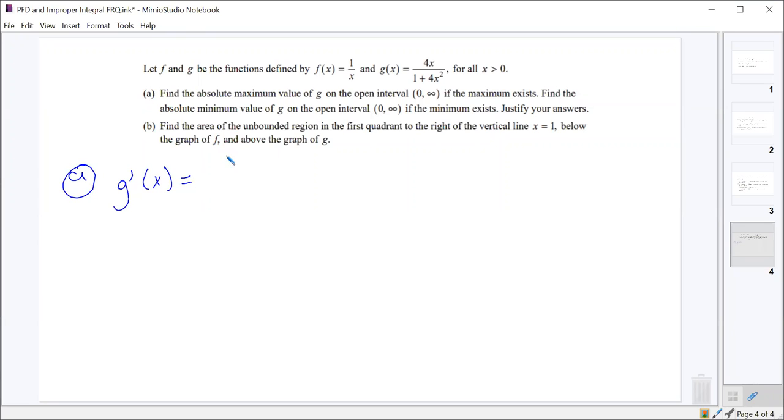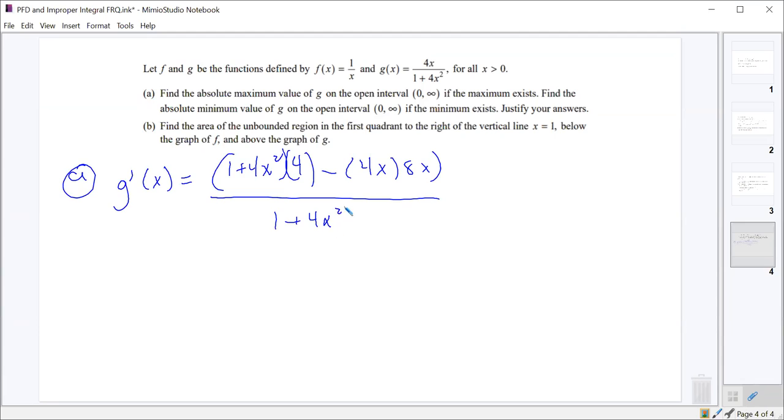So we got 1 plus 4x squared times 4 minus 4x times 8x, all over 1 plus 4x squared squared. And you simplify that all down to get 4 plus 16x squared minus 32x squared. So that's 4 minus 16x squared.